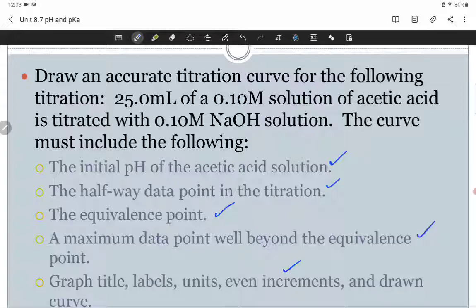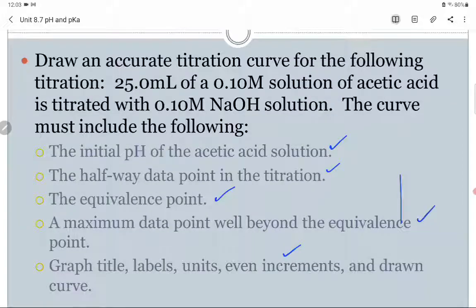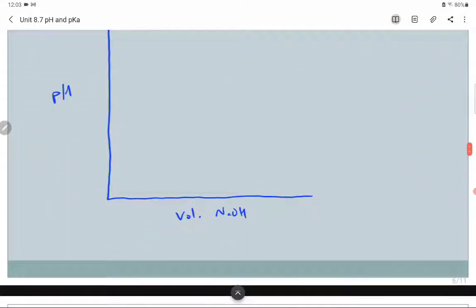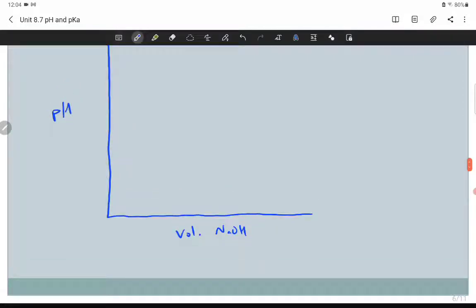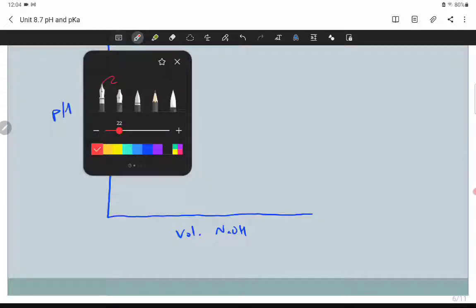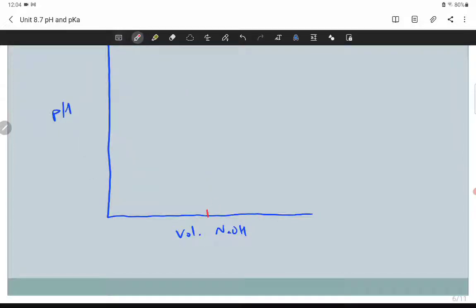And we have 0.1 molar of the sodium hydroxide, so therefore we know some points. Now let's actually change this to red. So we know that at some point we'll reach the equivalence point, and that'll be the equivalence point. We know that there will be a halfway point.